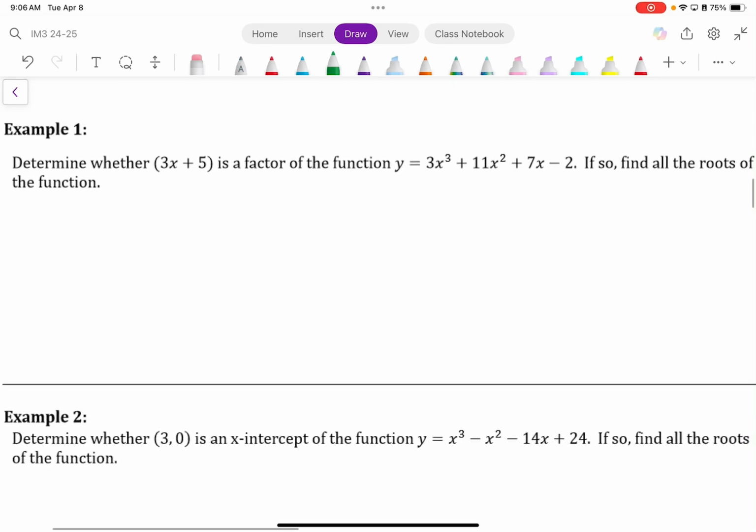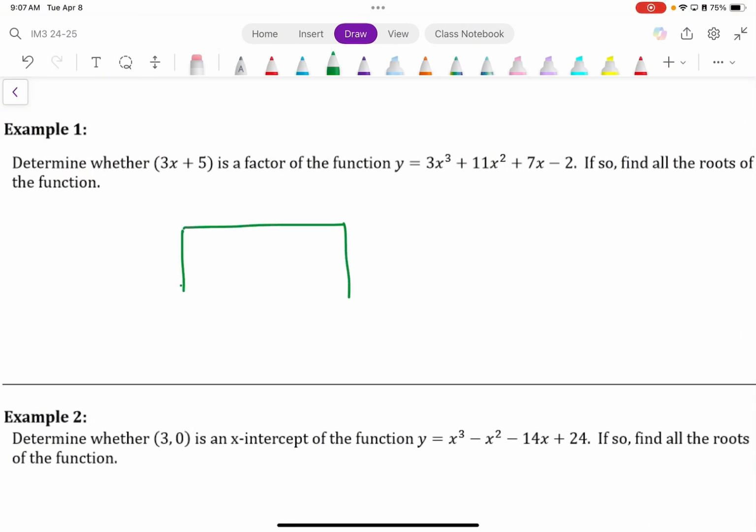So right now what we're trying to figure out is, does 3x plus 5 fit into the function y equals with no remainder? What that's essentially telling you to do is, hey, you're going to do this polynomial division, and you're going to find out whether or not there is a remainder. That's what we're being asked to do. So we're going to begin by setting up our area model.